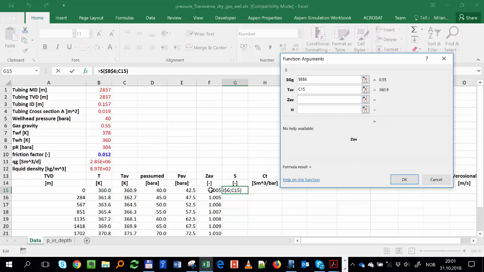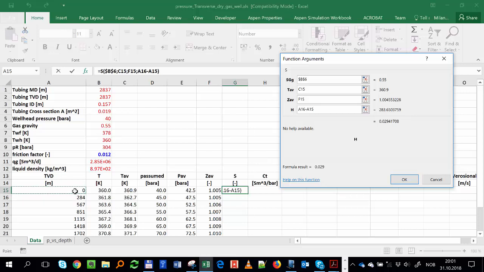Z average, this guy here, the H, what was the H, if you remember? H was the difference in height of the segment. So it's just simply the TVD. So it's going to be basically this number minus this number.